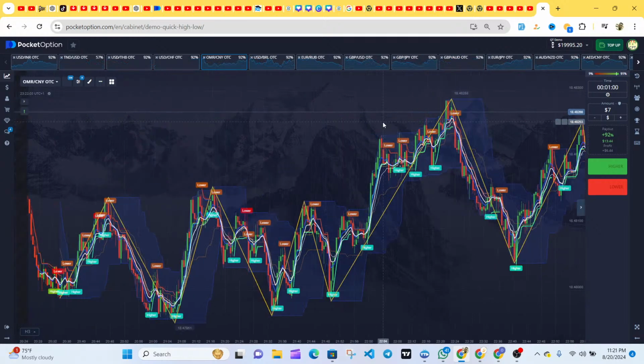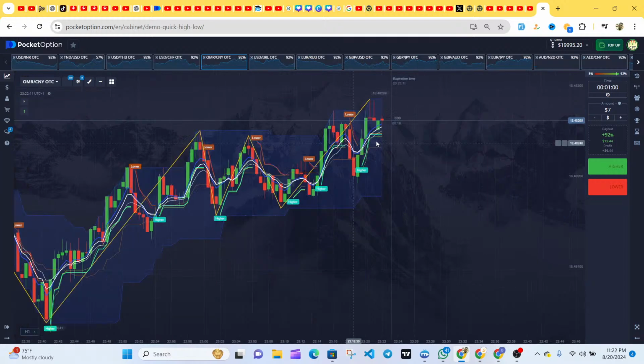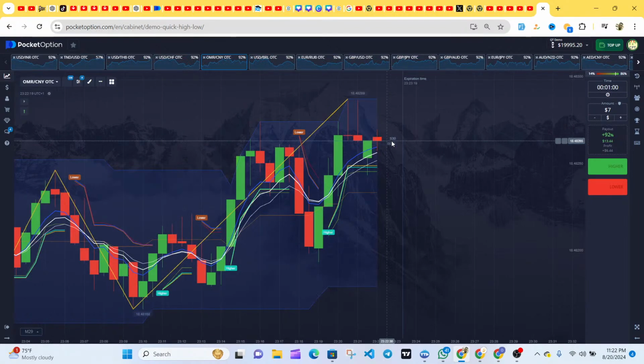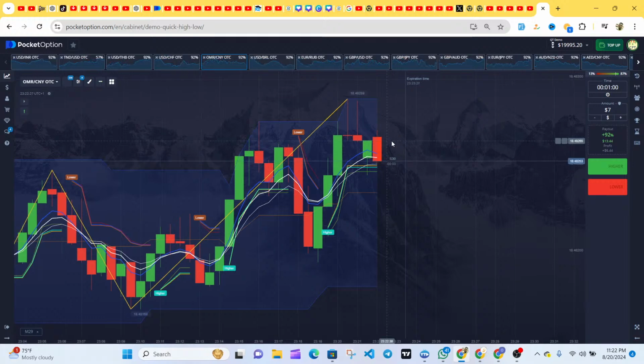This is a major uptrend, so we are not going against the trend. Let's wait for it to print. Let's wait on this place. This indicator will soon print. Let's take a sell.